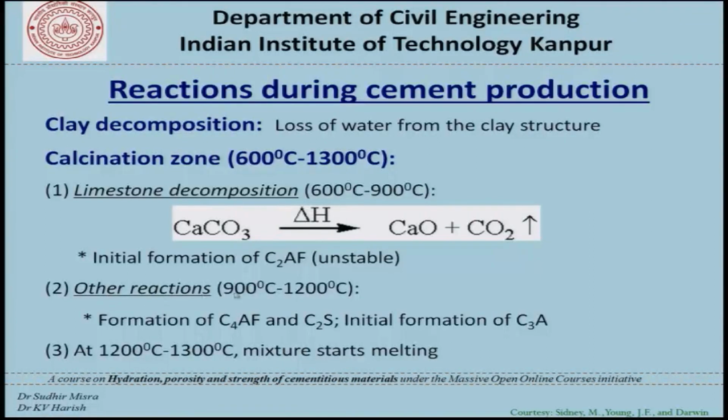Other reactions at 900 degrees Celsius to 1200 degrees Celsius, you have the formation of C4AF and C2S together. In addition to that, you have initial formation of C3A. At temperatures 1200 degrees Celsius to 1300 degrees Celsius, the mixture starts melting.